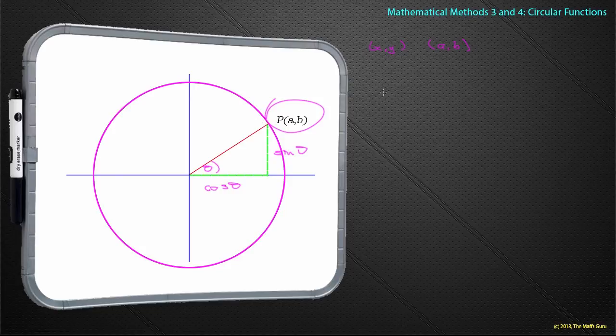Well, sine theta is my vertical distance, which is b. Sine theta is b. What is cosine theta? Cosine theta is my horizontal distance, and by this coordinate position my horizontal distance is a. And we know that tan theta, which is exactly the same as sine theta divided by cos theta, would be equal to b upon a.